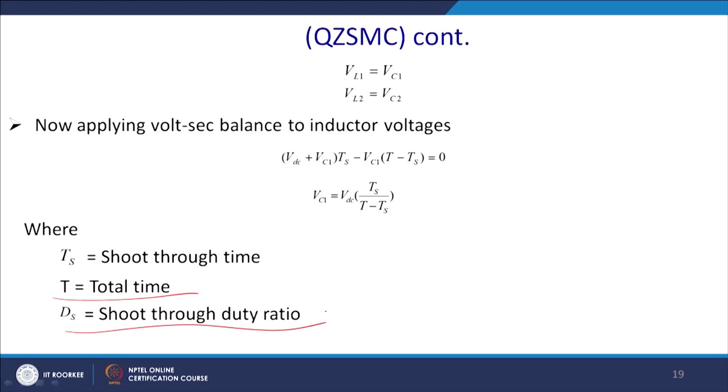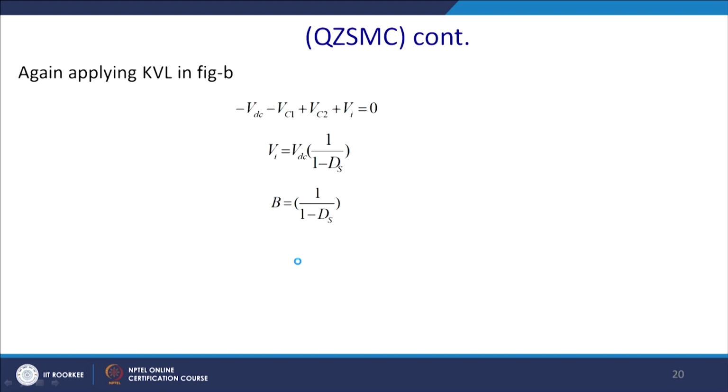In that way you can boost up Vc1. So you can find that the overall gain, as in a simple boost or simple Z source network, is 1 by 1 minus Ds, where Ds stands for the shoot through ratio, that is the shoot through time divided by the total time period.